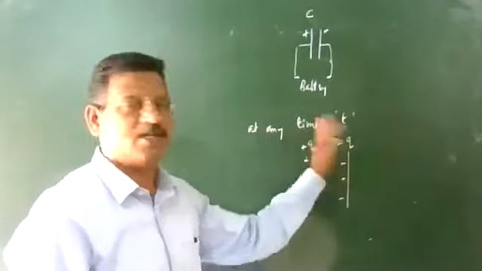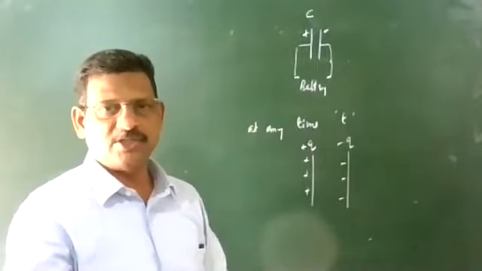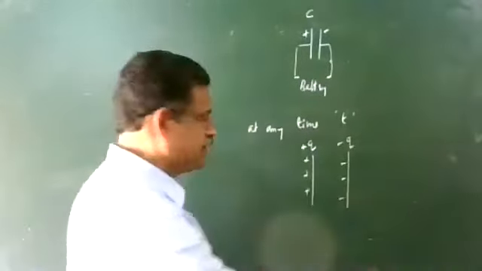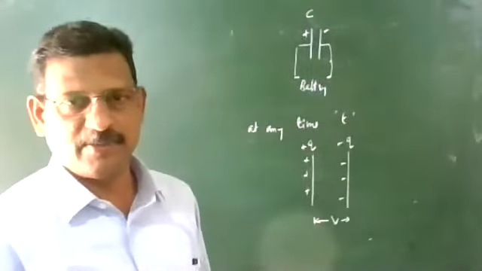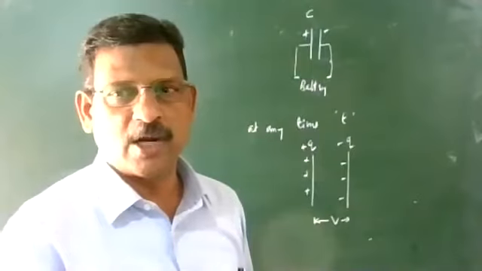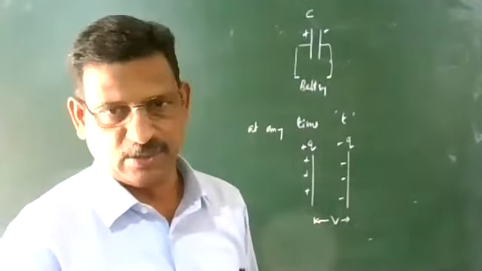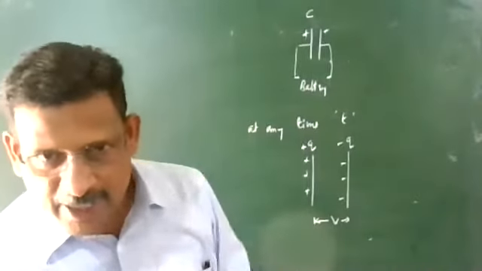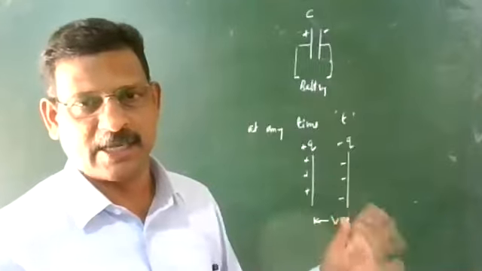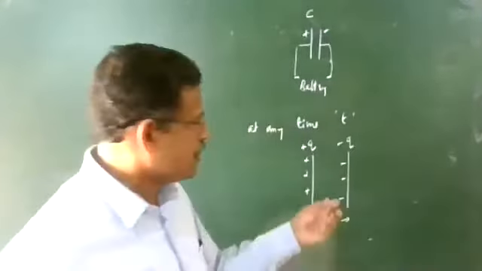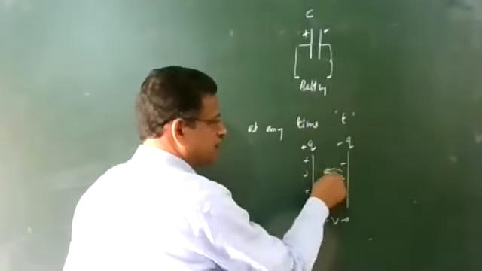One has +q, another has -q. Slowly the charge builds up. As soon as they are charged with +q and -q, there will be a potential difference. Potential difference means the amount of work done in moving a unit charge from one point to the other point. Suppose you want to charge it further, to 90%, 100% charge. Again, the battery has to work to transfer further charge.